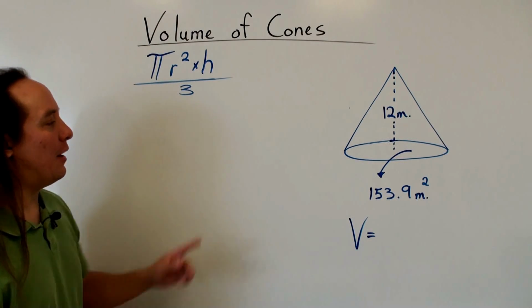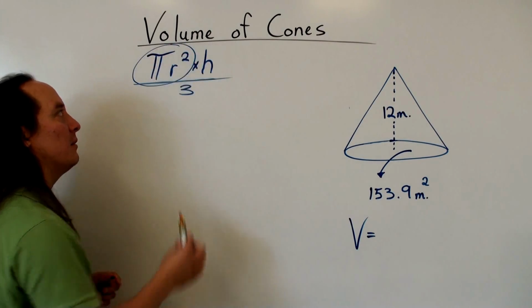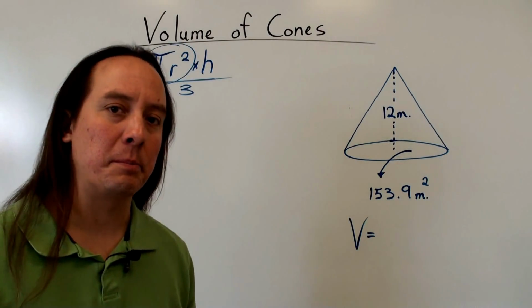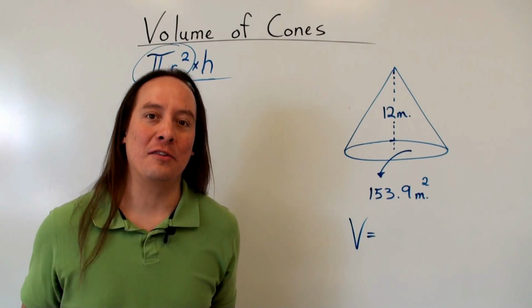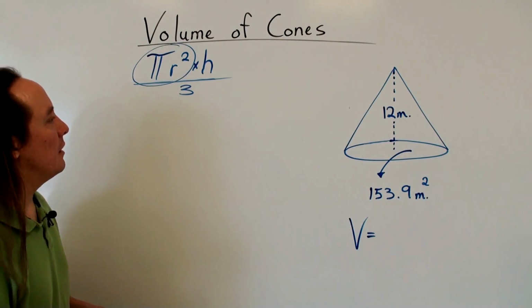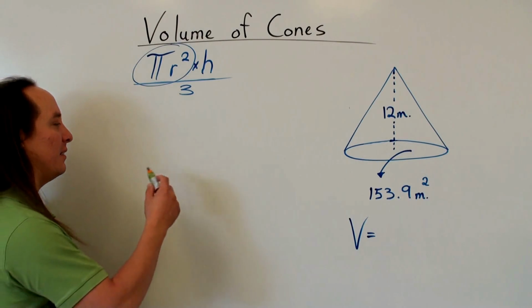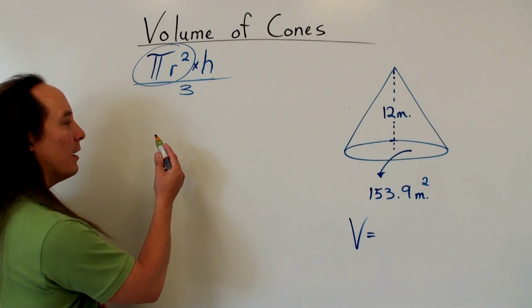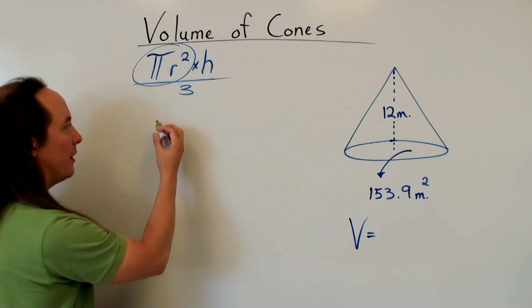Area of a circle is located in this part of our formula for the volume of a cone. Pi r squared is how you find the area of a circle. So they did that already. They kind of helped us out. And this is what I was trying to tell you, that it's a little bit easier than the last one we did. So I'm going to substitute 153.9 for pi r squared.